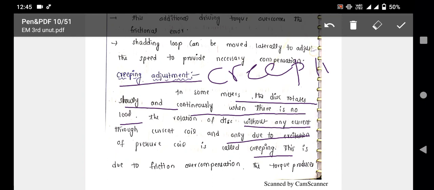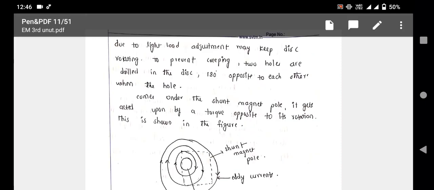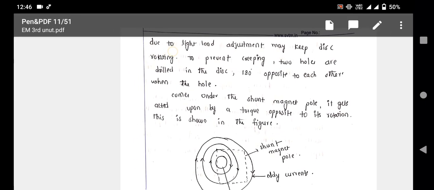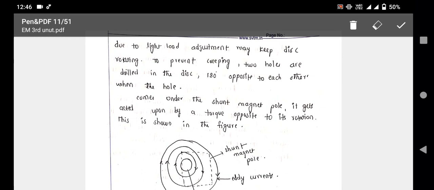What is meant by creeping? Even without load, the disk keeps rotating slowly, even with a very small no load current. This is due to friction over compensation. Due to light load adjustment, the disk may keep rotating.